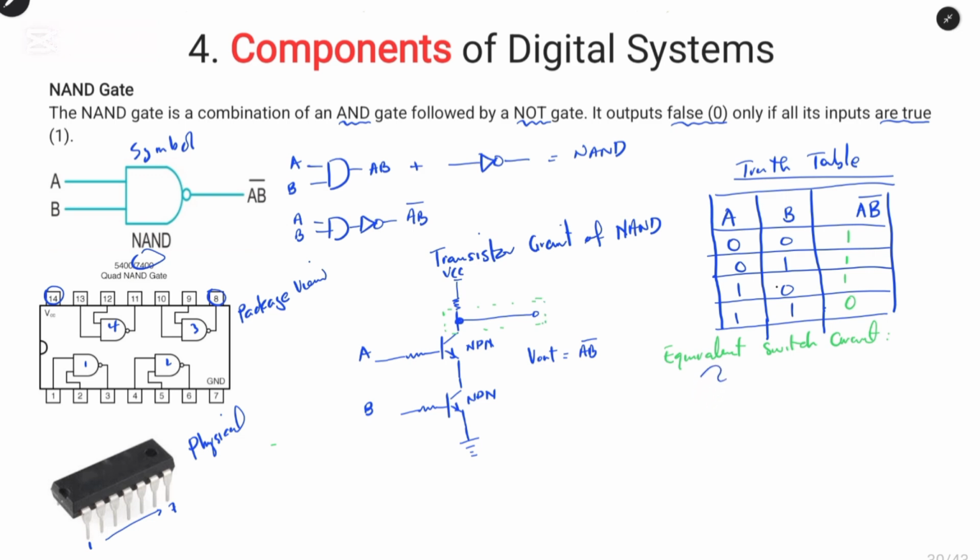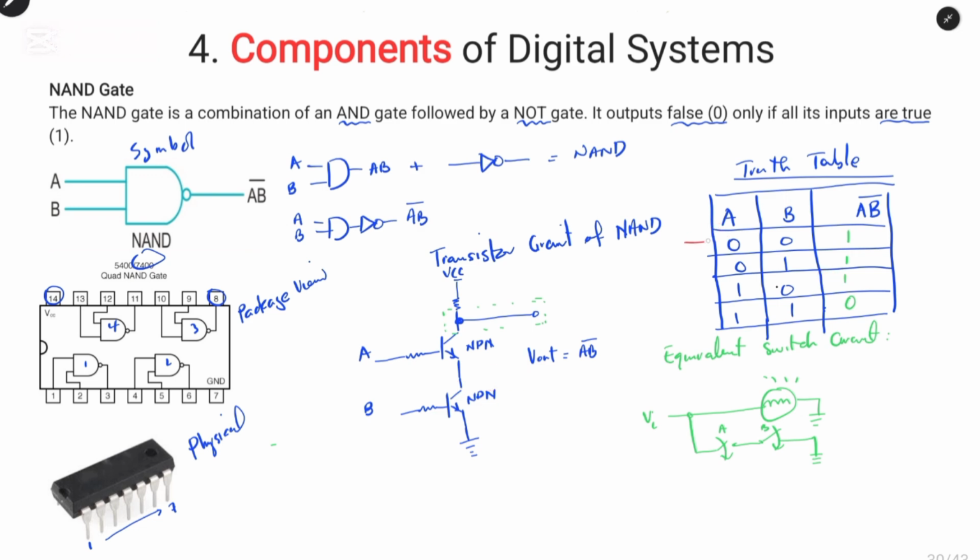Now the equivalent circuit is given such that we have the Vin, which is connected to a lamp, and it is connected to switch 1, which is A, and we have switch B. This is the equivalent circuit, this is the transistor circuit, and the truth table.